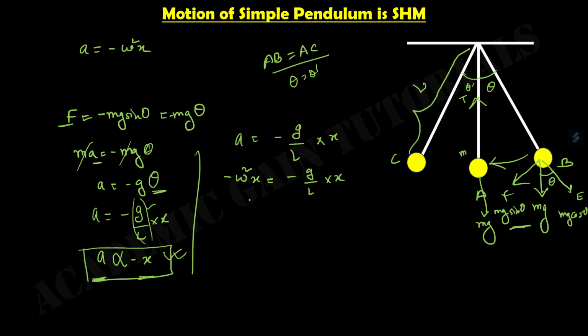If I cancel out this minus term and x term, then I will get omega square equals g by L. So what is the value of omega?